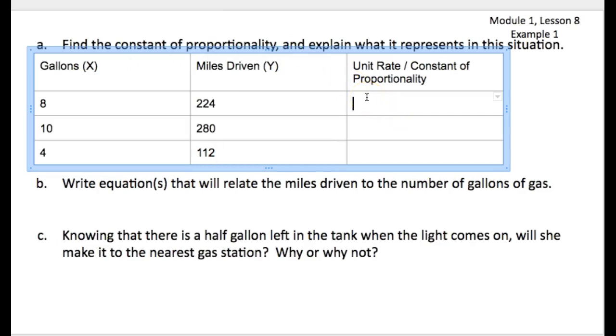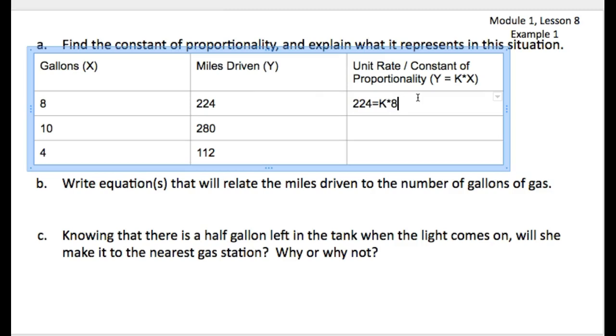So let's solve for this, knowing that y over x equals k. Thinking about our equation, y equals k times x. So in this situation, 224 is equal to k times 8.